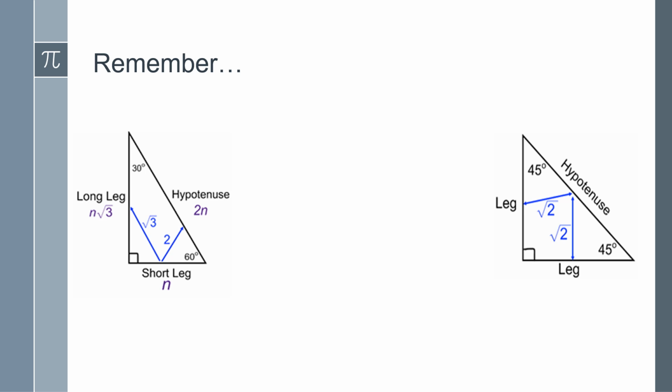For the 45-45 degree triangle, the legs are equivalent to each other, and the hypotenuse is going to be the short leg times the square root of 2.